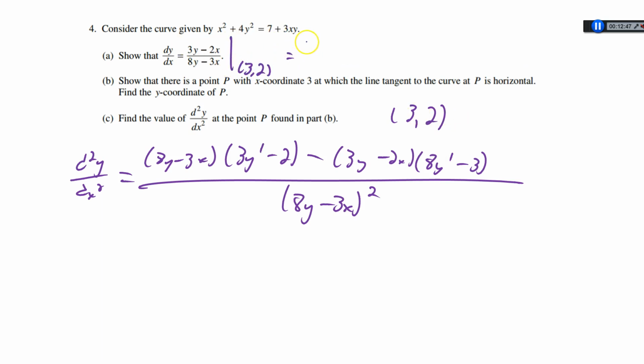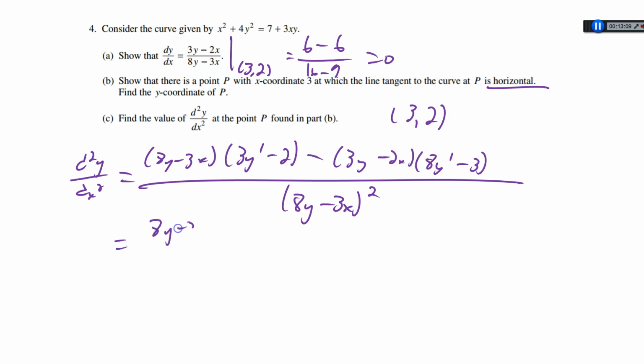And that will give me 3 times 2 is 6, minus 6 again. It's 0. We know that, right? They told us the tangent is horizontal. And it's kind of nice to check again, but on the bottom we get 16 minus 9. Okay, so that's 0. So both of these y primes turn into 0, which is really nice. If you had put the whole fraction in, you'd be dealing with a whole mess.